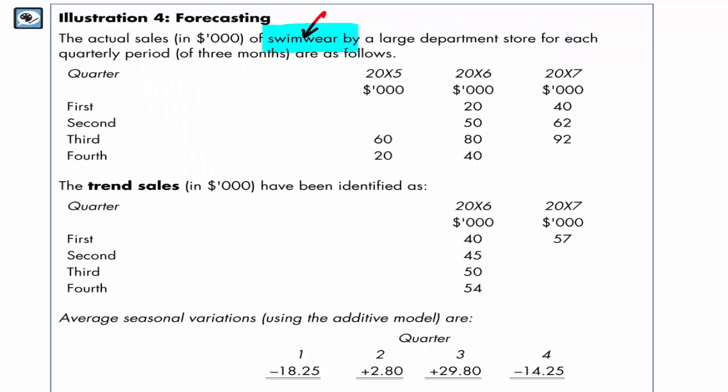So we're going to work through these three steps using some sales data for swimwear. And again, we've got 3 years and we've got 4 quarters. So the actual information is given. To work out the trend, we'd have to do a centered moving average. That's been done for you.